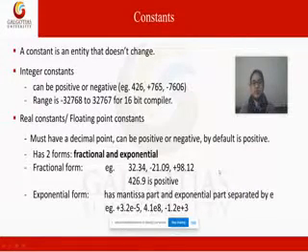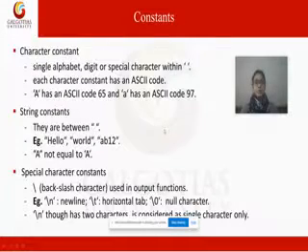So you have two ways of declaring these. It can be a fractional form or it can be an exponential form. Then you have character constants. Now, a character is a single digit or a single alphabet or a single special character. Each character constant has an ASCII code with the help of which the compiler identifies, okay, this is this particular code.